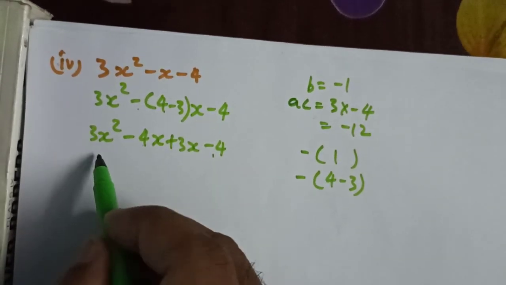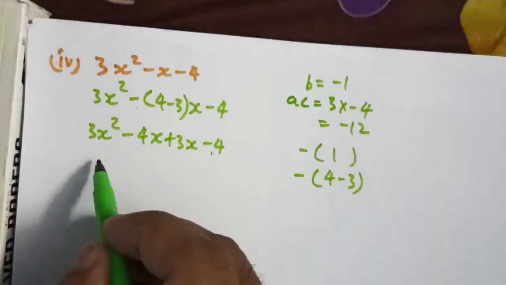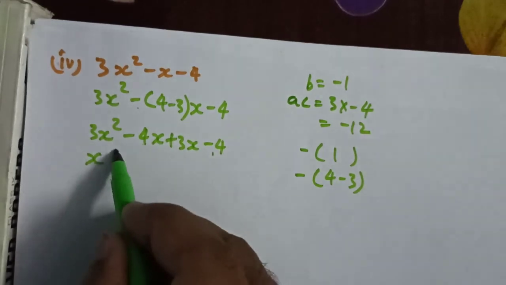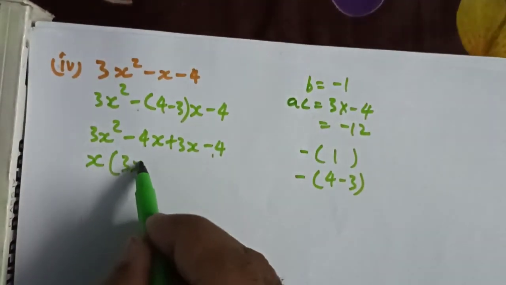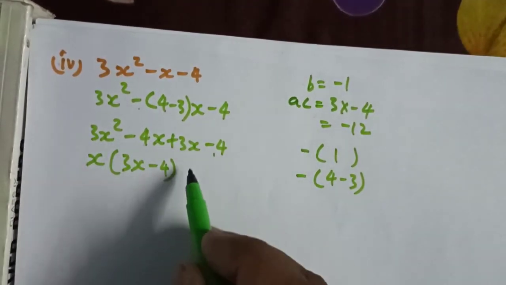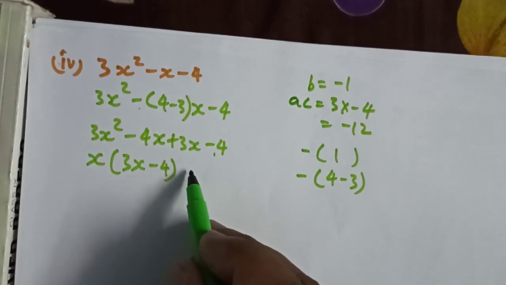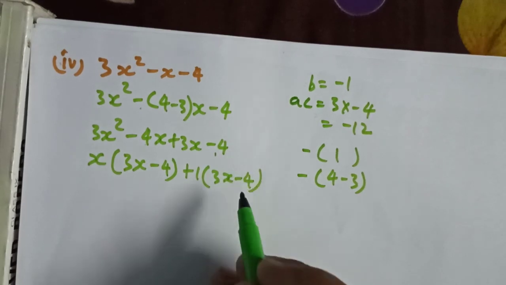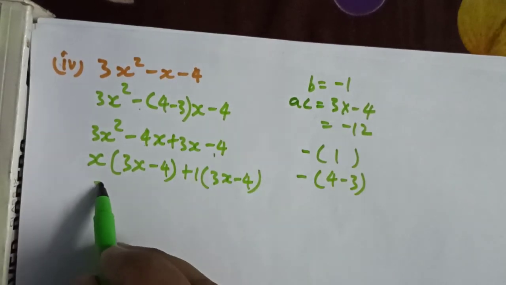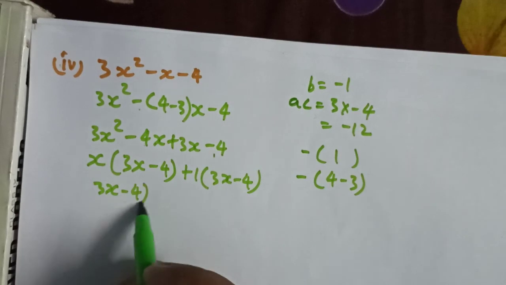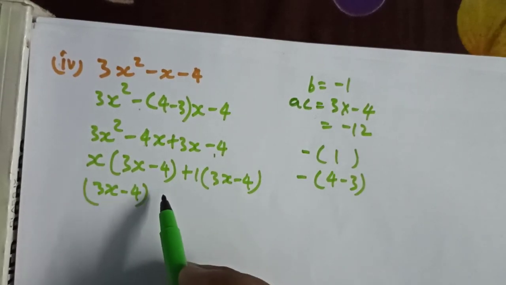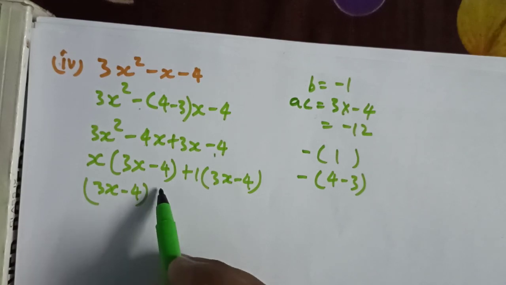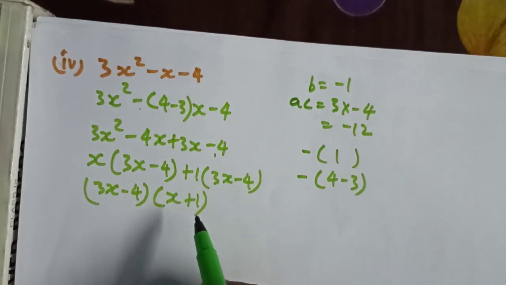So here we can take what can be taken as common, x can be taken common from these two terms. So it will be 3x minus 4, and then again I will be taking plus 1 as common, so it will be 3x minus 4. So what is left? 3x minus 4 again is the common term, common from both the terms, and x plus 1 is the other term.